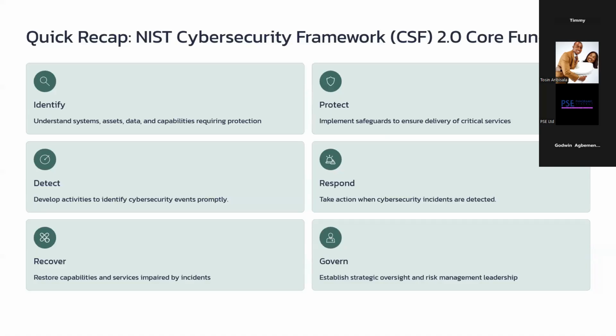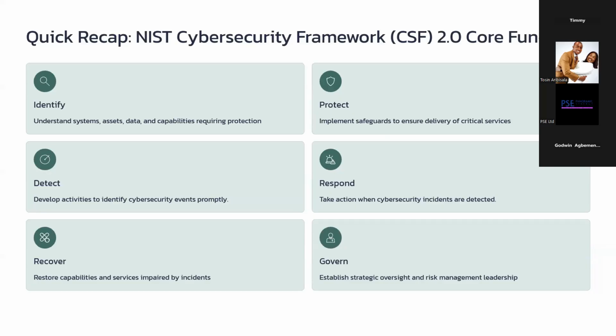So we have the core functions, which are 6. Initially, it was 5, but we've moved on to 6 now, where we have the identify, the detect, the recover, the protect, the respond, and also the govern. With the identify, that is where we understand systems, assets, data, and capabilities that require some form of protection.